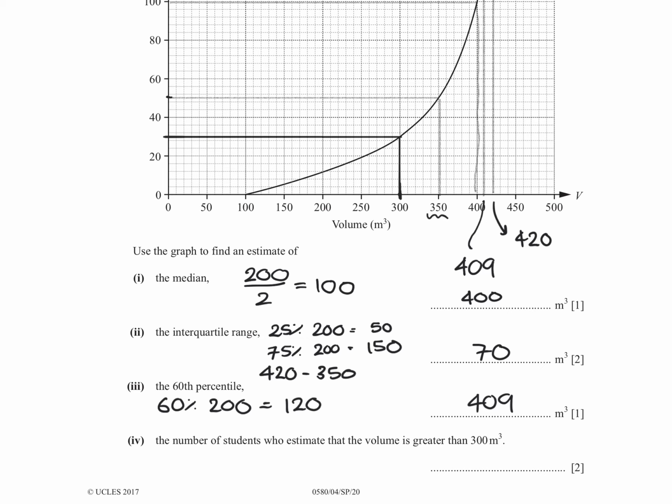This means that 30 people estimated that the volume is 300 and less. Therefore, the number of people who estimated that the volume is greater than 300 should be the total minus 30. So that's 200 students minus 30 students, which gives 170 students.